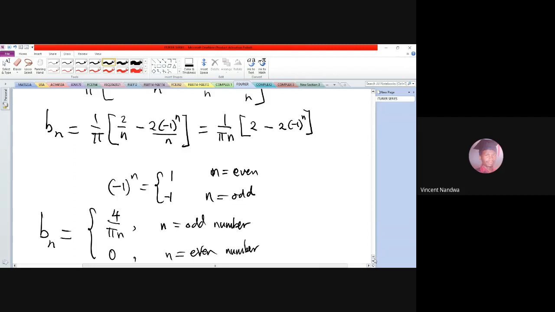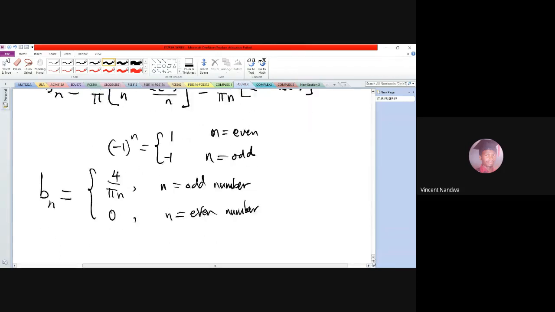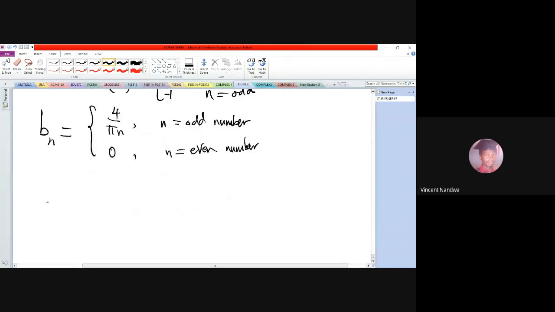So now, putting into the formula, f of x is given by a0 is 0, so you don't have to include it. Summation n from 1 to infinity, an was also 0, so bn is what is only required: 4 over pi n sine nx, where n is an odd number.